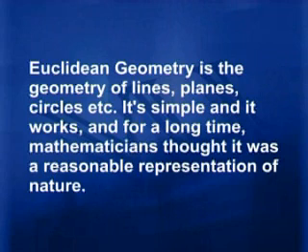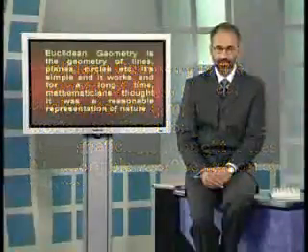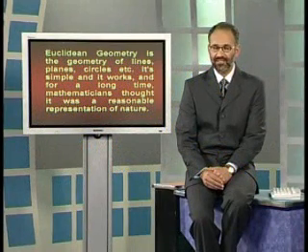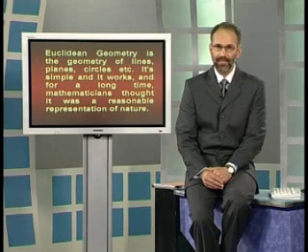Euclidean geometry is the geometry of lines, planes, circles, etc. It's simple and it works. And for a long time, mathematicians thought that it was a reasonable representation of nature as well. Later on, they came to know that there are certain things existing in nature that Euclidean geometry alone cannot help represent completely.